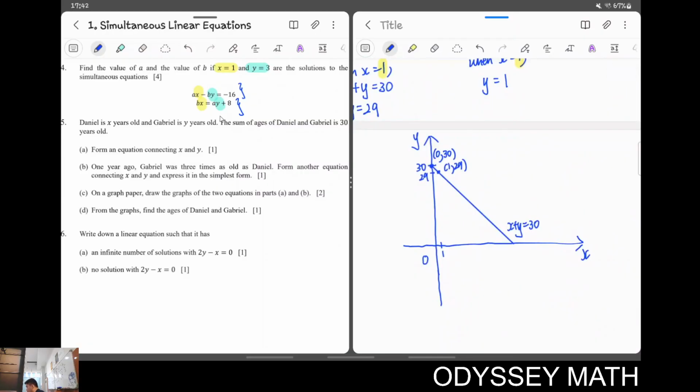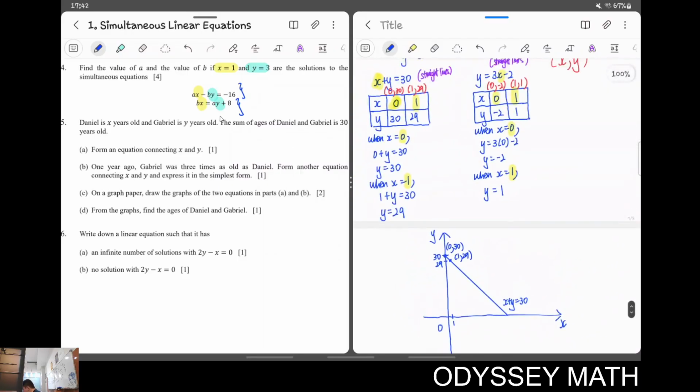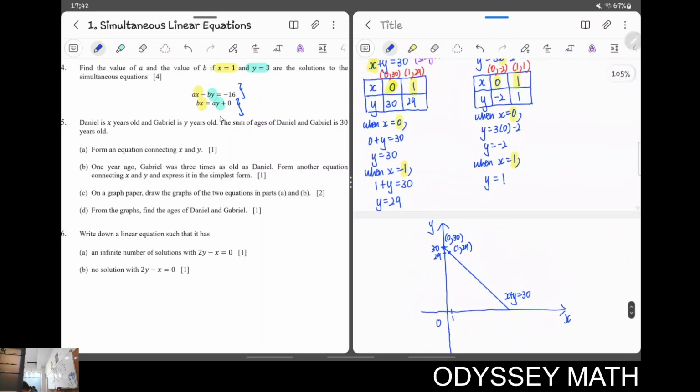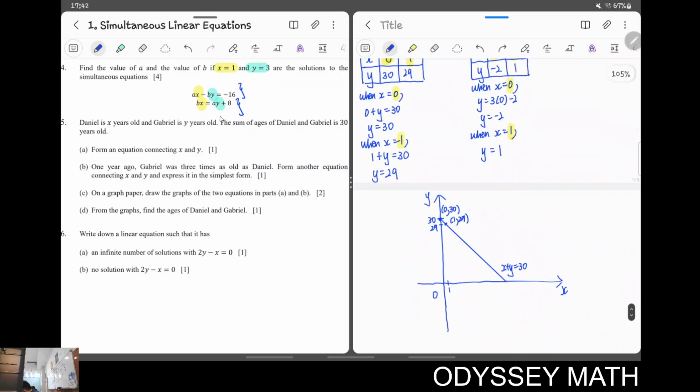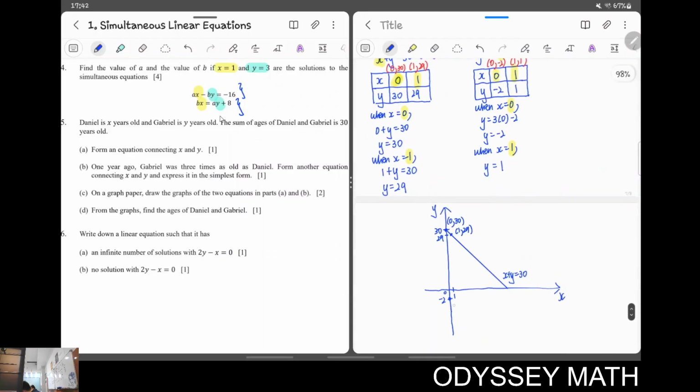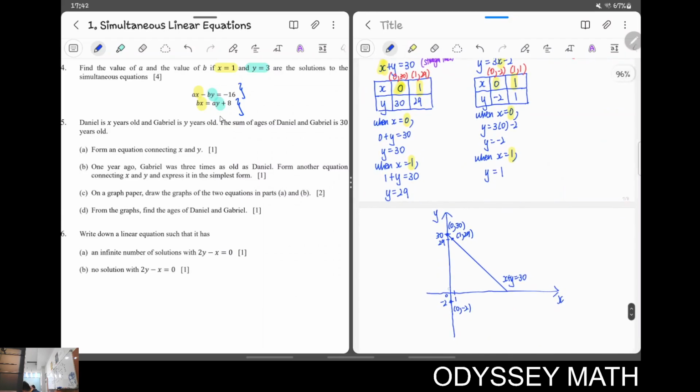Okay, now we do it for the other equation. So the other equation has 0 comma minus 2. So 0 comma minus 2 is here. And then we have 1 comma 1. 1 comma 1 is here.